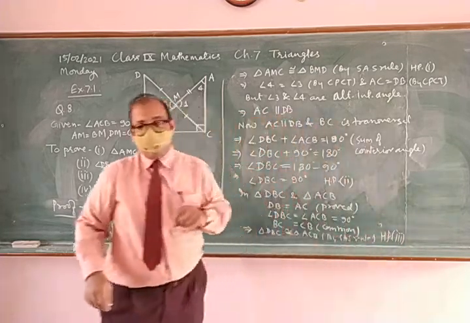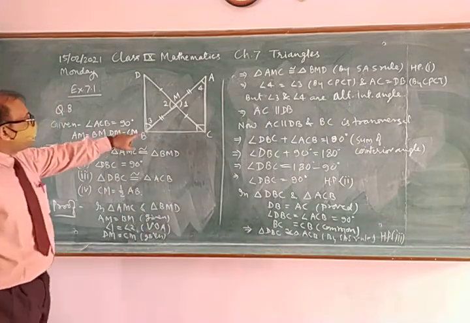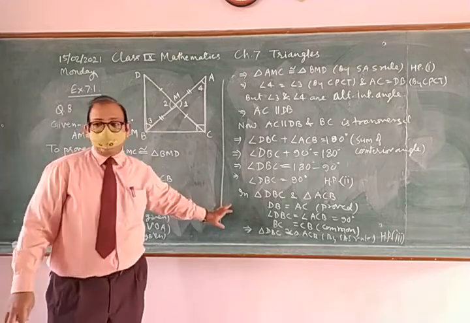Now the fourth part: CM is equal to half of AB. Now look here, these two triangles are congruent.